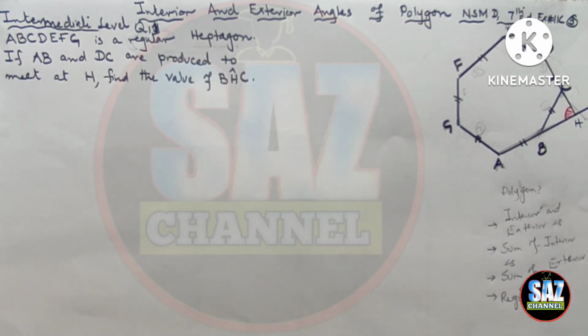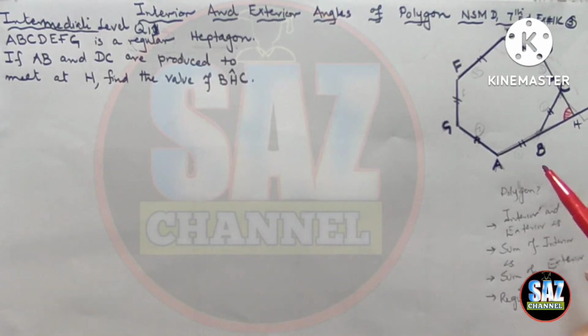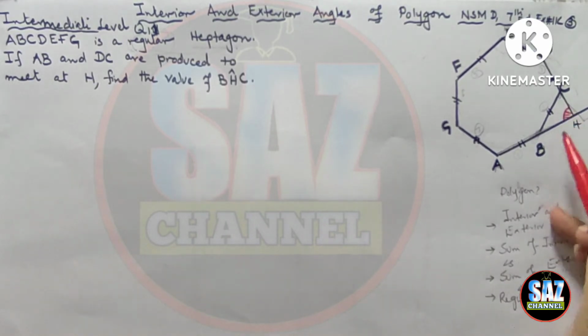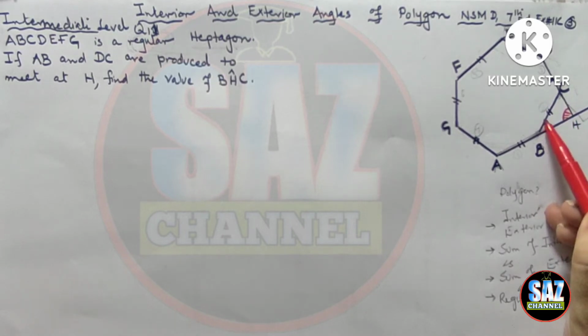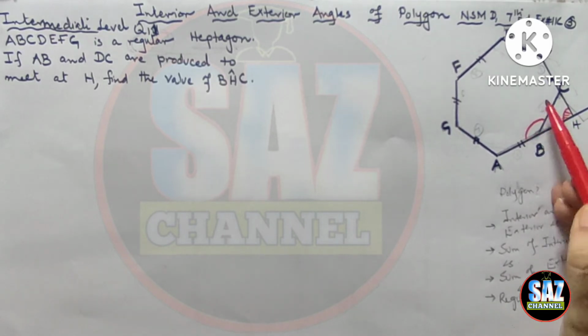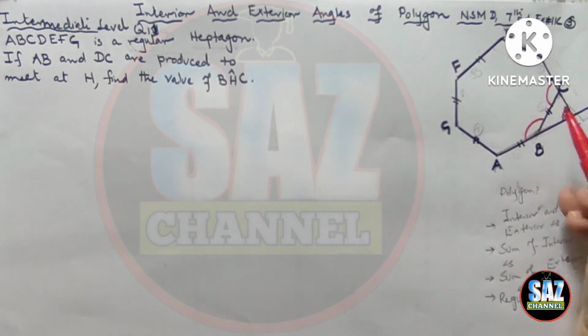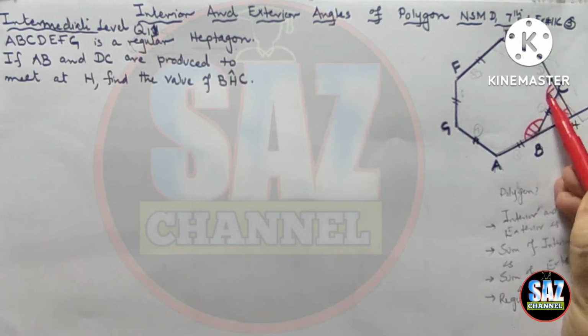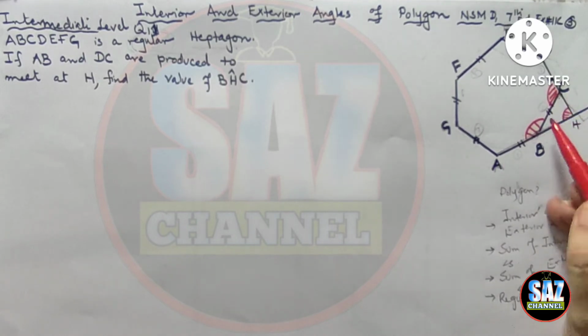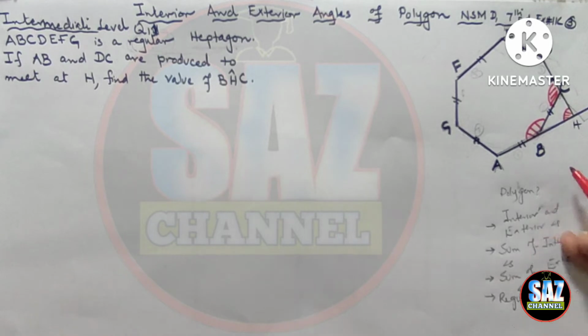Now, look, what is the method of finding angle BHC? If I am able to find angle B or angle C, whatever the value of angle B, the same will be the value of angle C, then I can subtract that angle from 180 degrees.